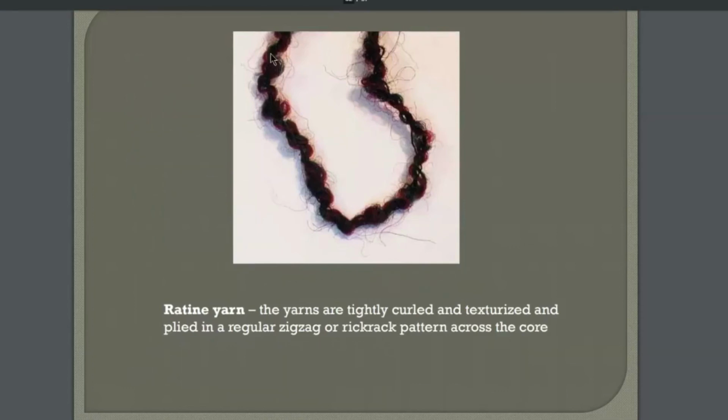So there's a core that runs down the middle of this, and then the yarns are plied in this kind of twisty zigzag rickrack direction. And so Bobby and Linda, you can imagine that if this was then spun into a yarn and then woven into a textile, that textile is going to have a lot of that kind of textured quality as well.